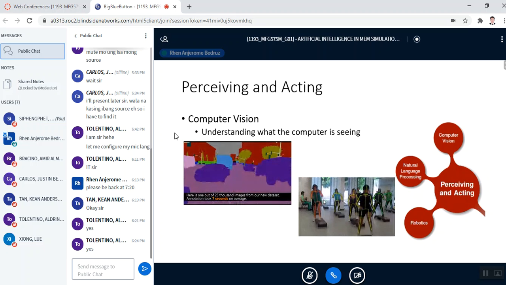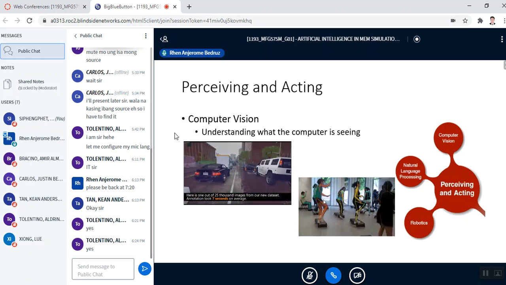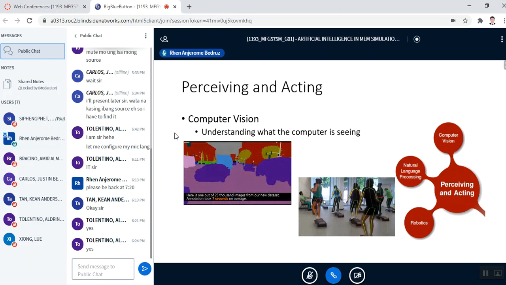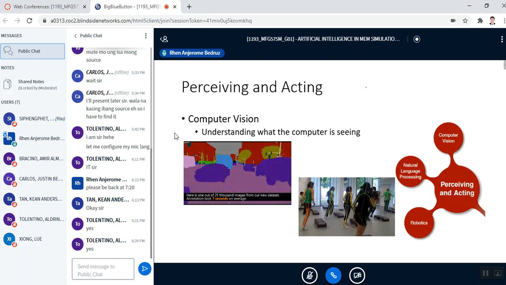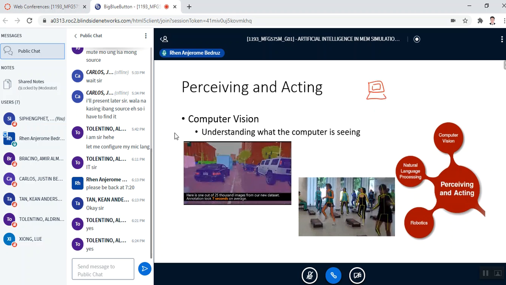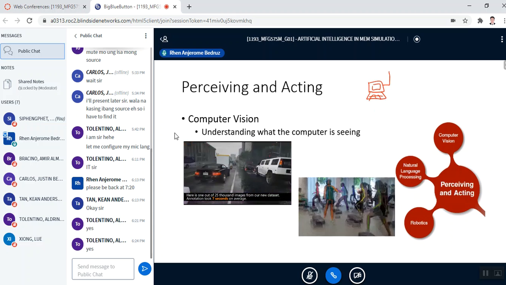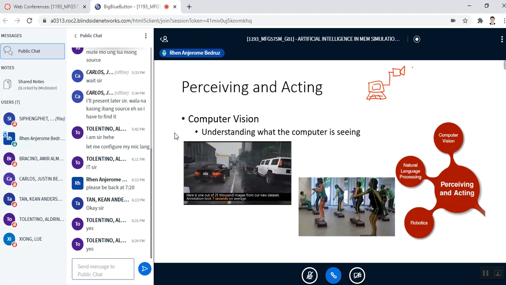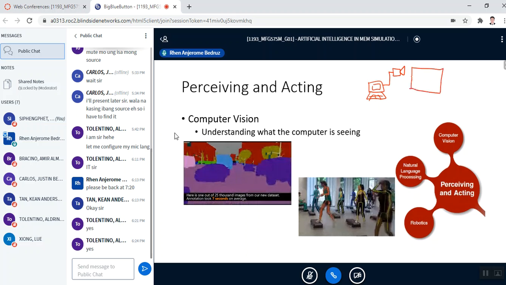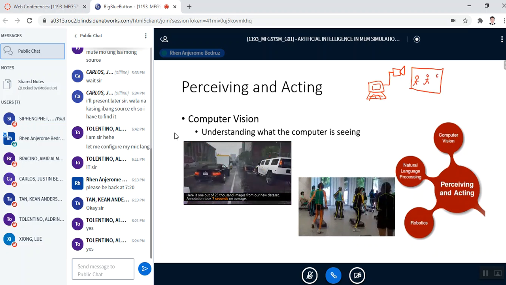So how does the computer see things? That's the first question. If I have a computer, how can it see? It could see using a camera. Normally, you would equip it with a camera. Once you equip the computer with a camera, the camera would get images of, in this case, people.